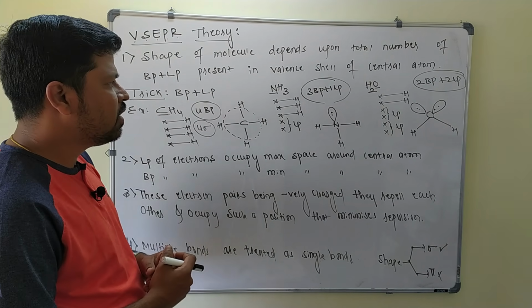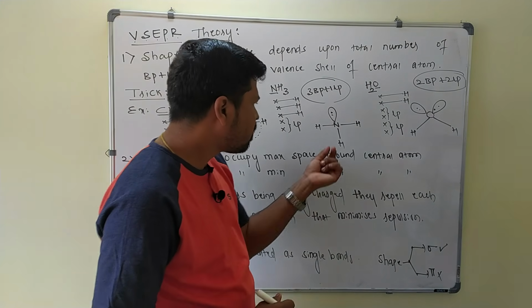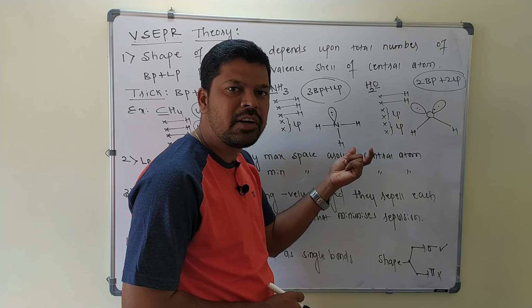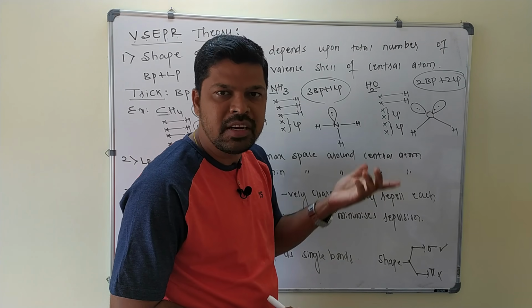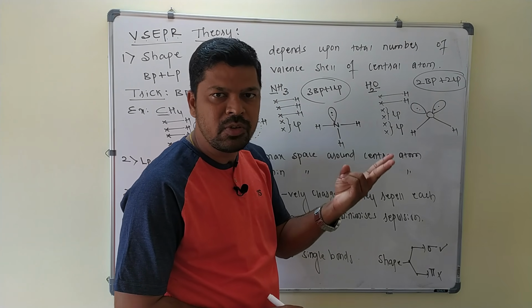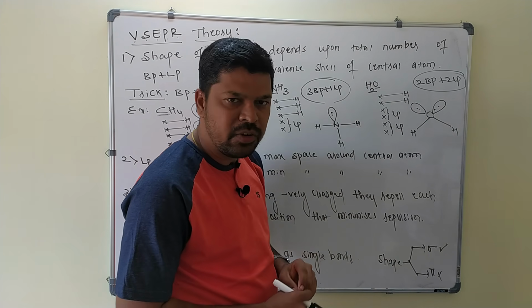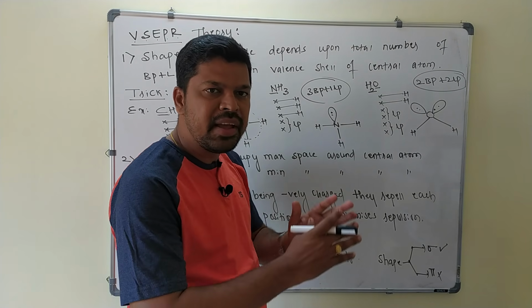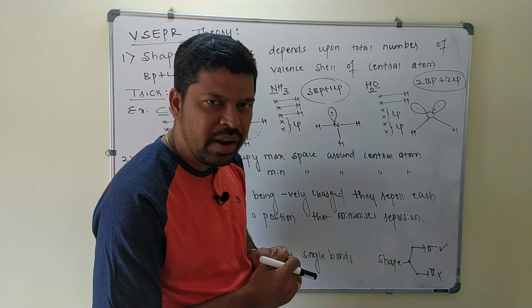The next point: these are lone pairs of electrons and these are bonded pairs of electrons. A bond pair is nothing but the electrons present in the bond. One bond means how many electrons? 2 electrons. This is also electron density and this is also electron density. These electron pairs, being negatively charged, will repel one another.